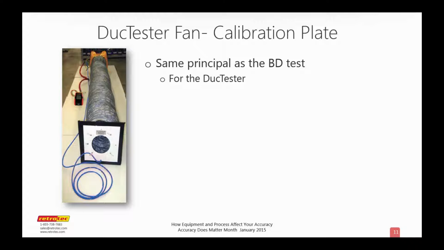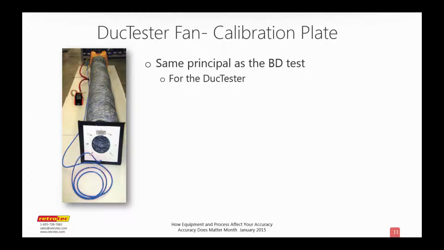We can use our flex duct that comes with the duct tester and attach a plate to the end of it. This is a calibration plate that Retrotec sells for under $100, and we know the hole on the end of that.